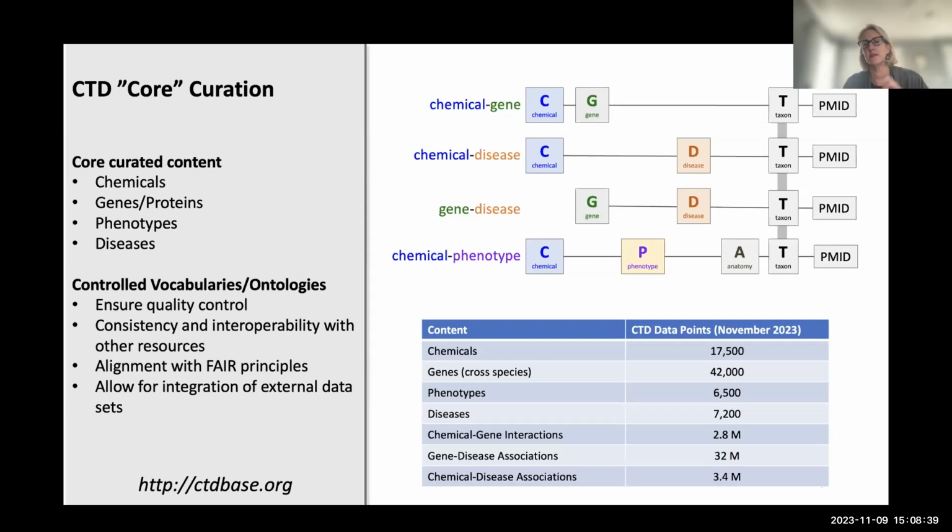And in some cases, it can be a little hard to align orthologous relationships across different species. So once we start integrating the data, you can see towards the bottom there, chemical gene interactions and associations that we can build by virtue of integration of these data, the numbers get pretty big, pretty fast.